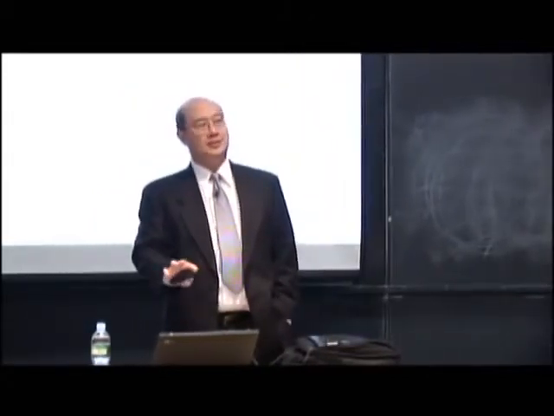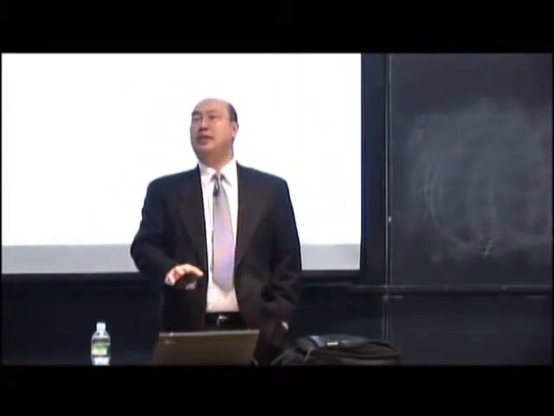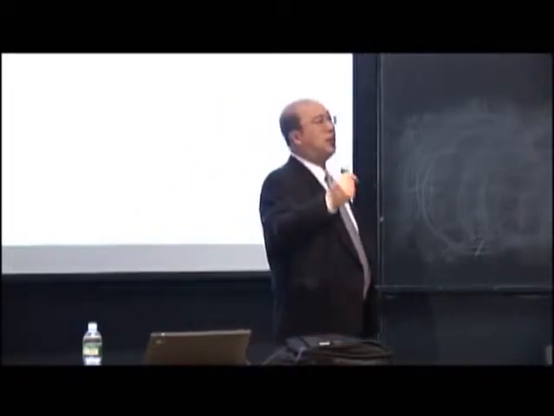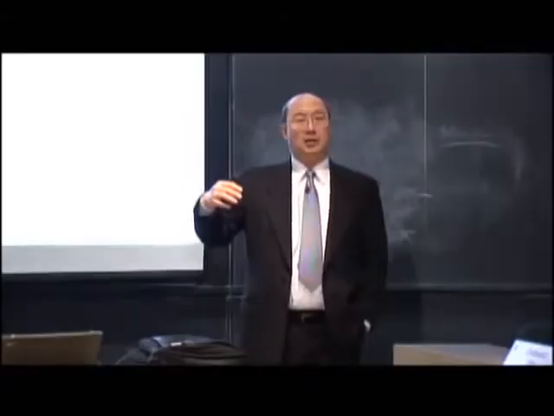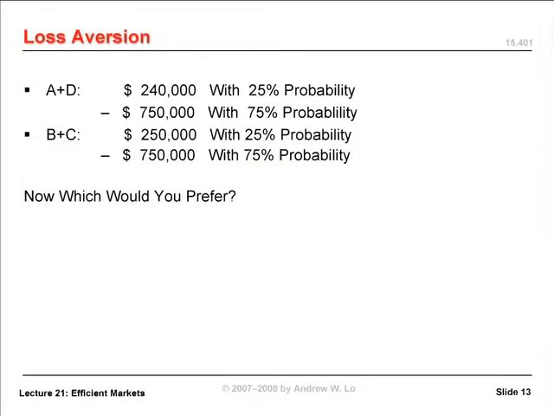Okay, any questions about this example? This is called loss aversion. This was an example that was first proposed by two psychologists, Kahneman and Tversky, and for which Kahneman won the Nobel Prize in economics a couple of years ago. Tversky would have won it as well had he been alive, but he died a few years before. And what's interesting about the fact that Kahneman won the Nobel Prize is that he's not an economist.